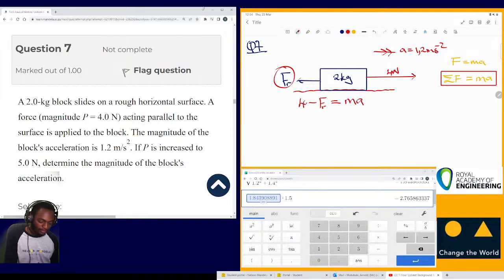So it's going to be 4 minus our ma, and this is equal to our frictional force. Then we can substitute: 4 minus the mass, which is 2, times the acceleration, which is 1.2, equals the frictional force.